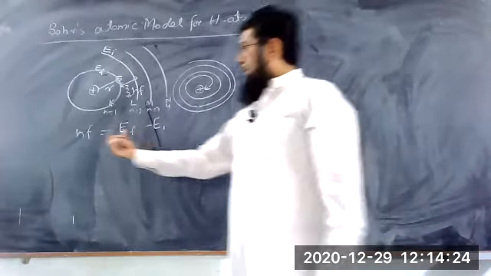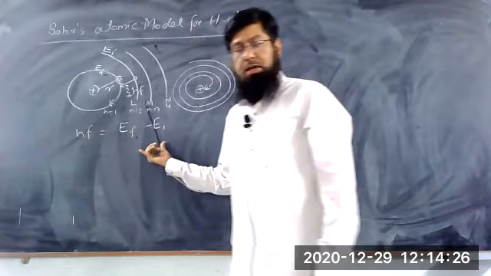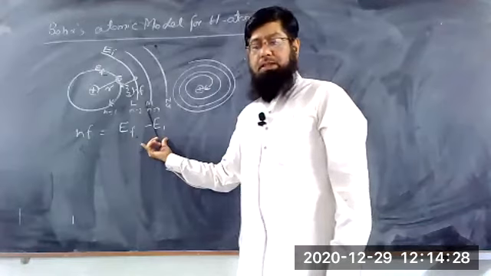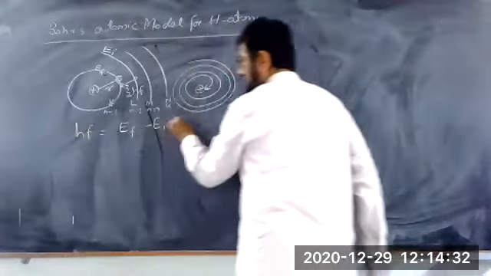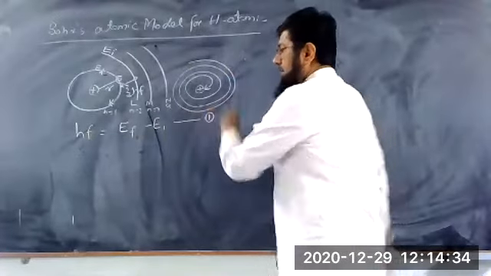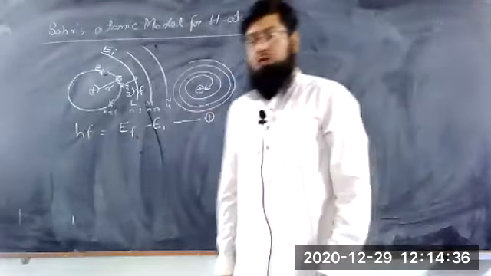So the energy of the photon is equal to the energy difference of the two states. This equation can be rewritten in terms of wavelength. This is equation number 1. This is known as the first postulate.